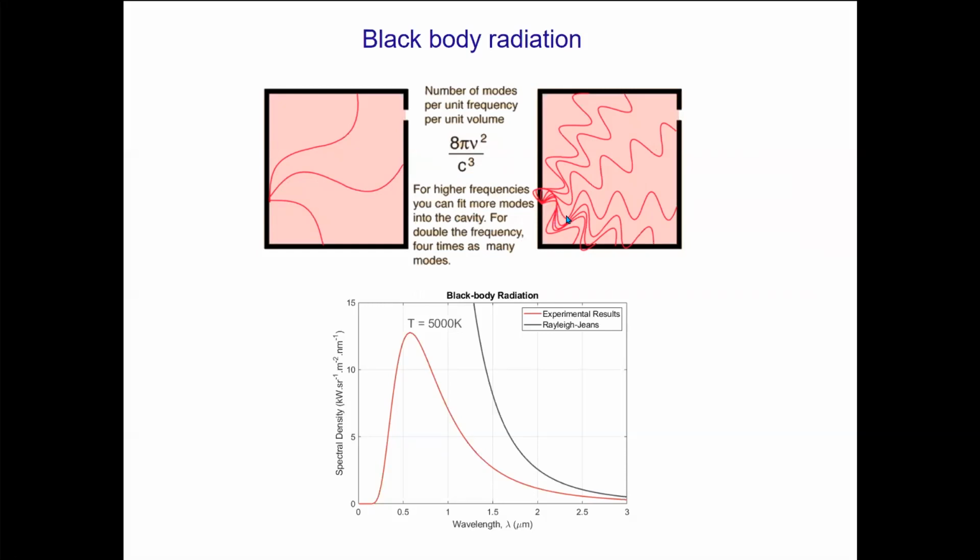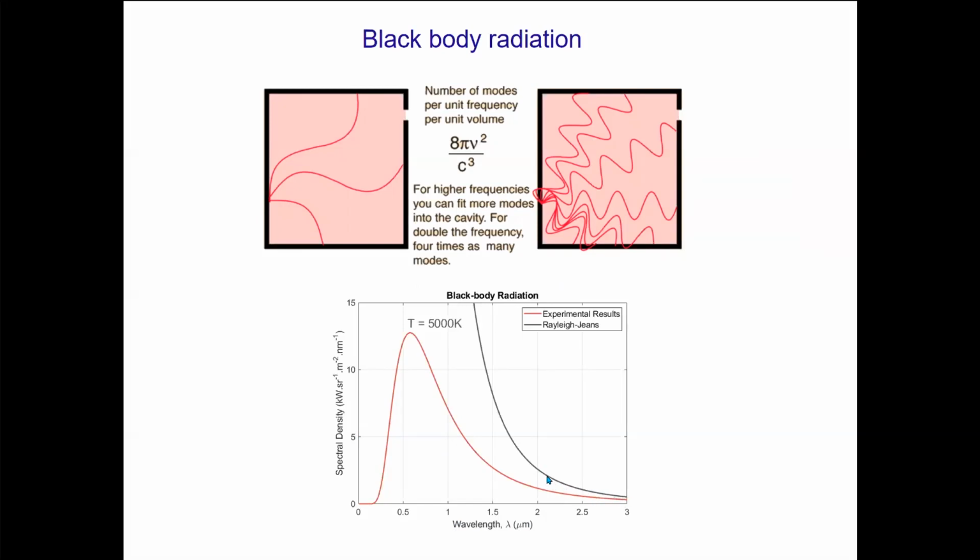Okay, you can imagine that once frequency is growing, we can fit more modes in the box. And this is a problem. Indeed, if you compare it with the experimental results, spectral density versus the wavelength, which is proportional to the inverse frequency, when frequency is low, the wavelength is high, and indeed it displays almost quadratic behavior.